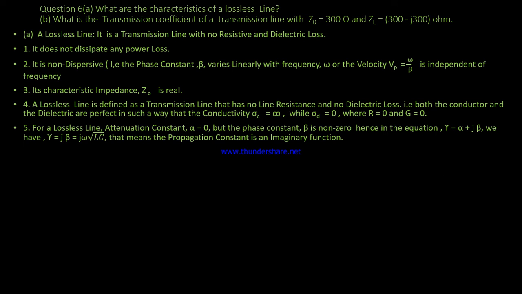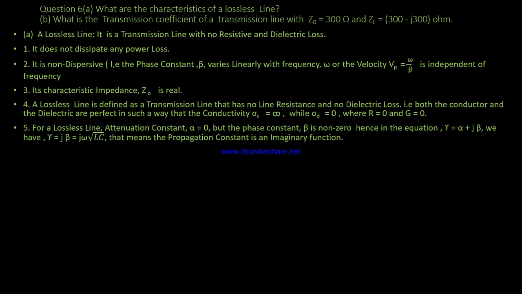Number 5, for a lossless line, the attenuation constant is 0, but the phase constant is non-zero. Hence, from this equation, gamma equals alpha plus j beta, where gamma is the propagation constant, alpha is the attenuation constant, and beta is the phase constant.